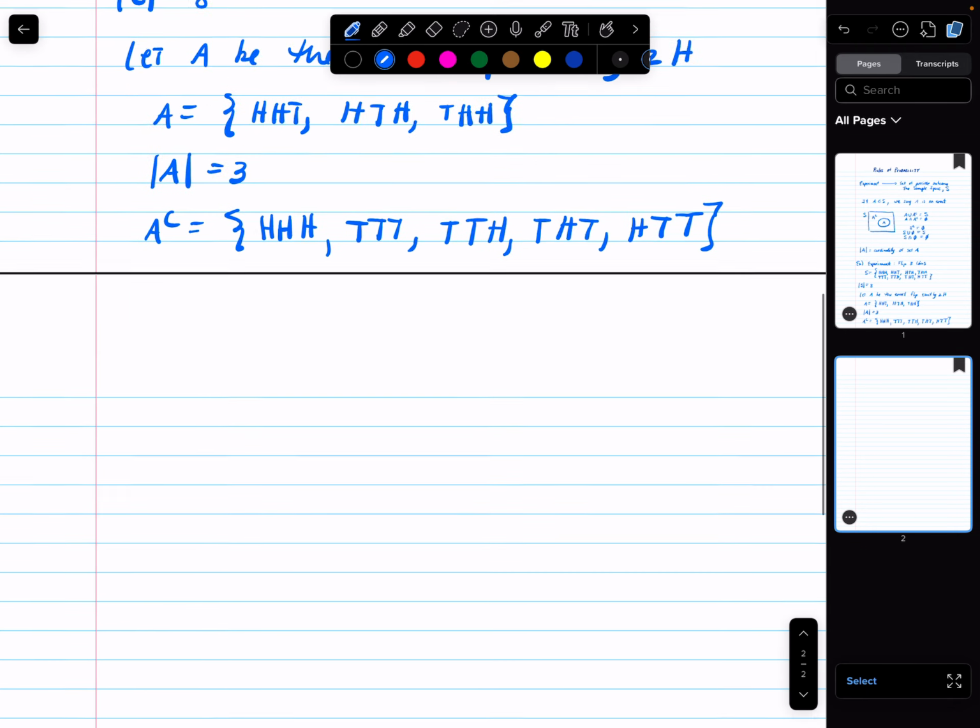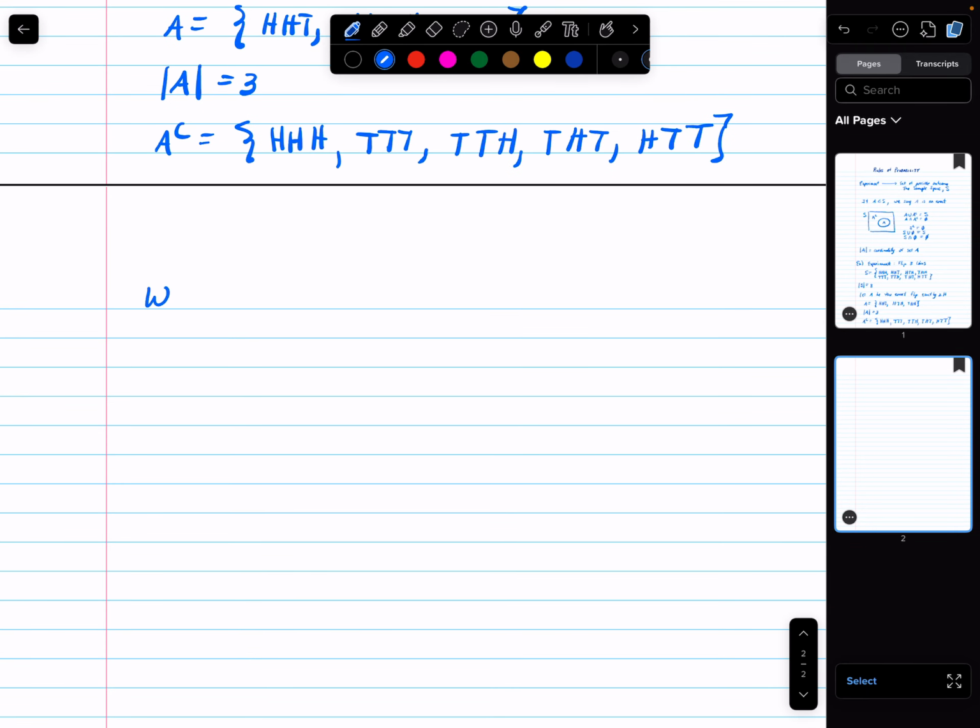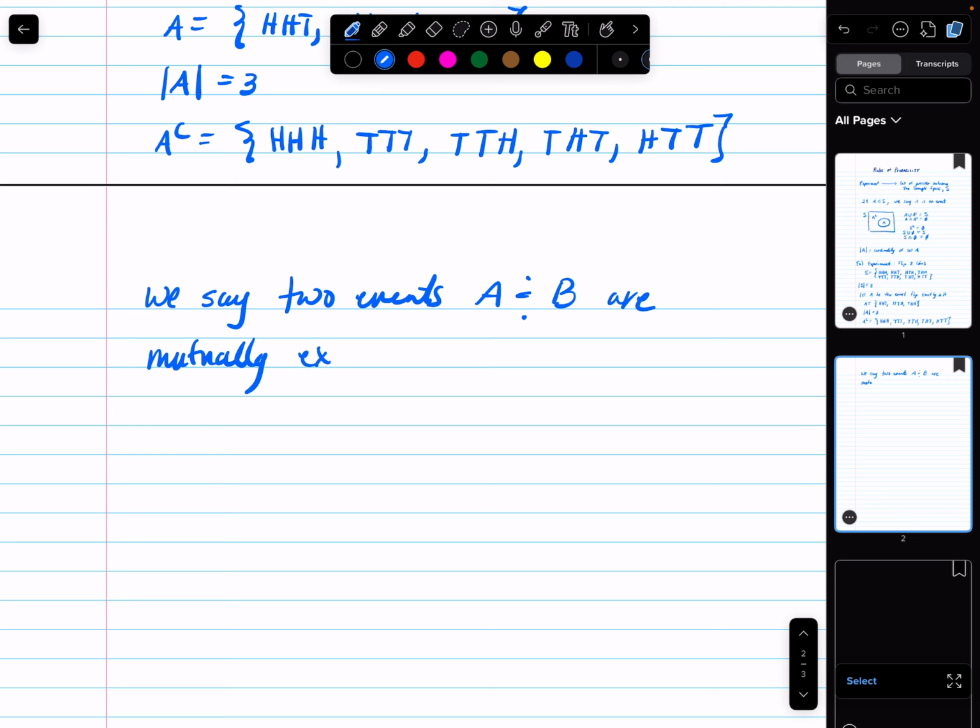All right, another definition. We say 2 events, A and B, are mutually exclusive if their intersection is empty.